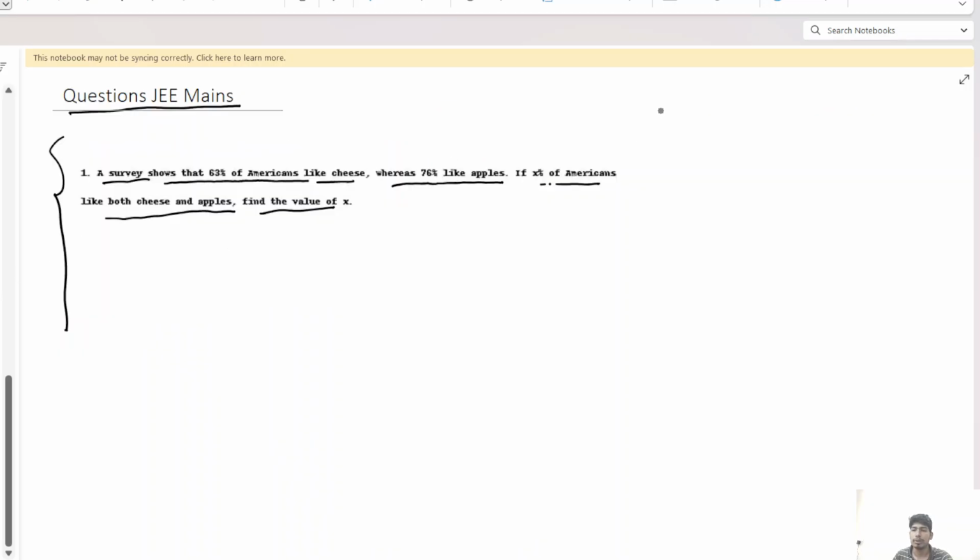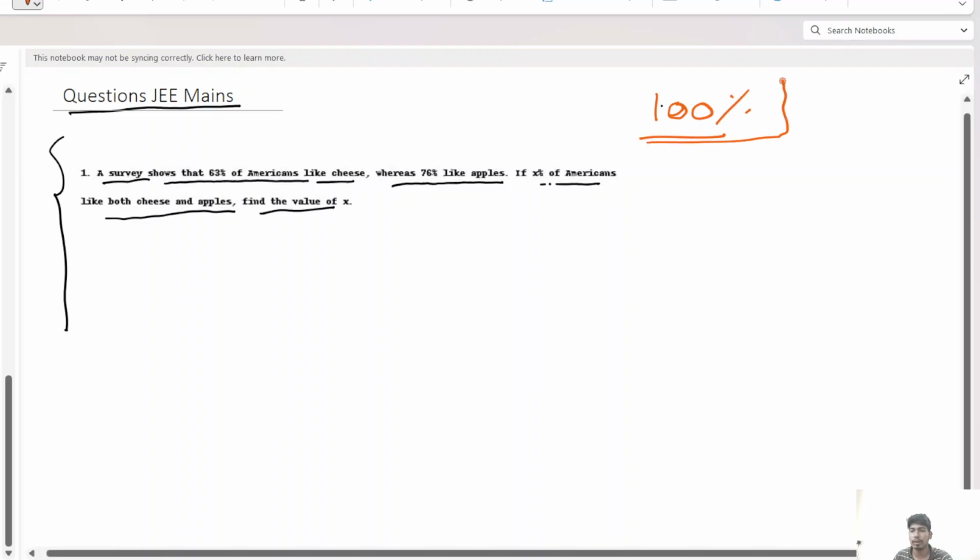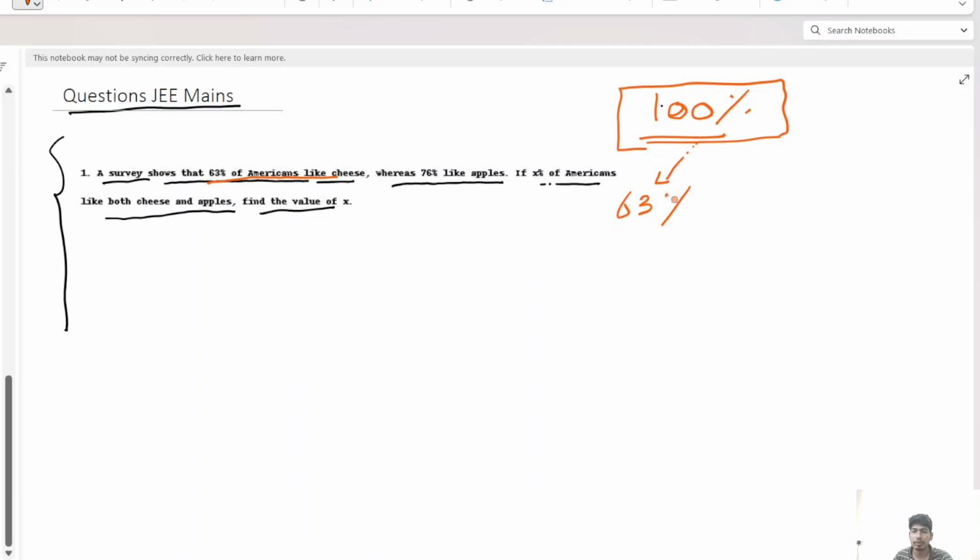We solve this by knowing that the maximum percentage is 100%. 63% of Americans like cheese and 76% like apples.